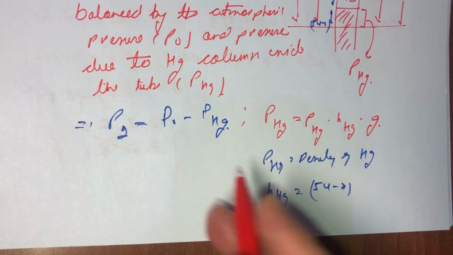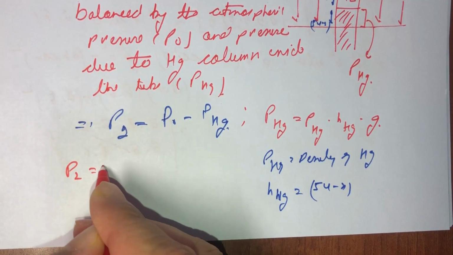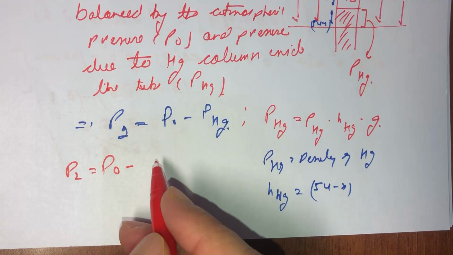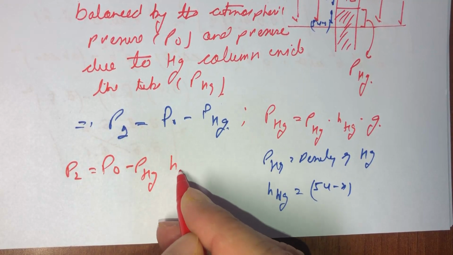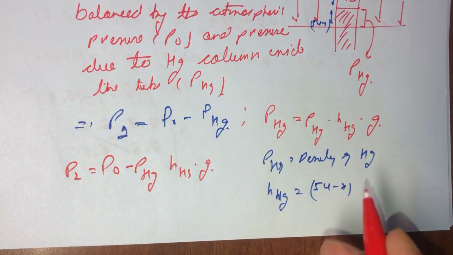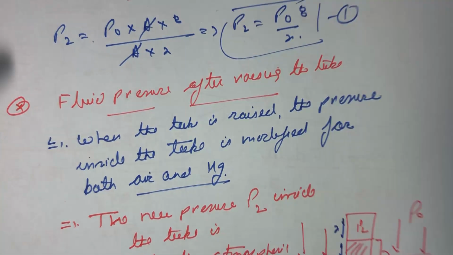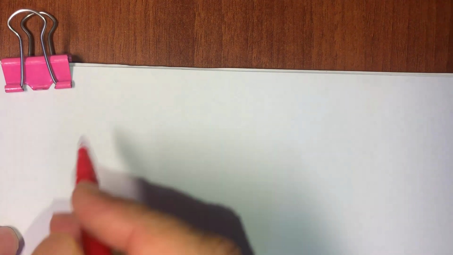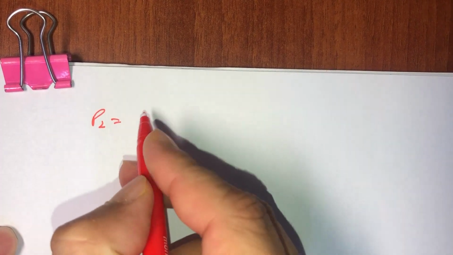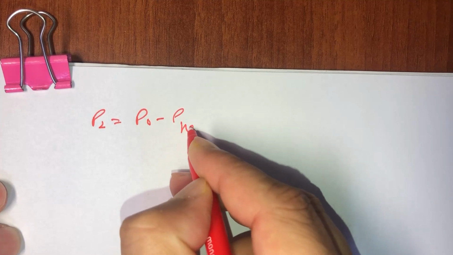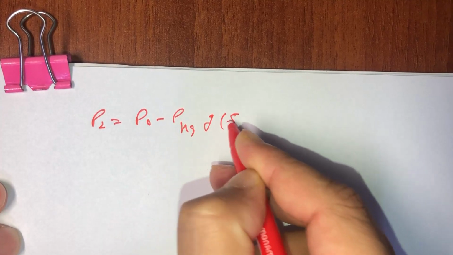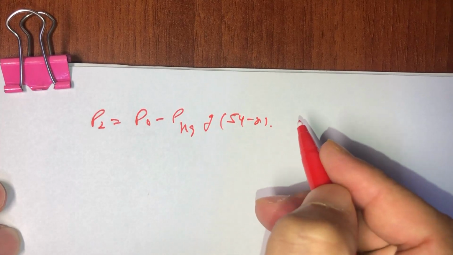So we get P2 is equal to P0 minus rho Hg HHG multiplied by G. And we are going to substitute the value of HHG. So we get P2 is equal to P0 minus rho Hg multiplied by G, and this is 54 minus x.